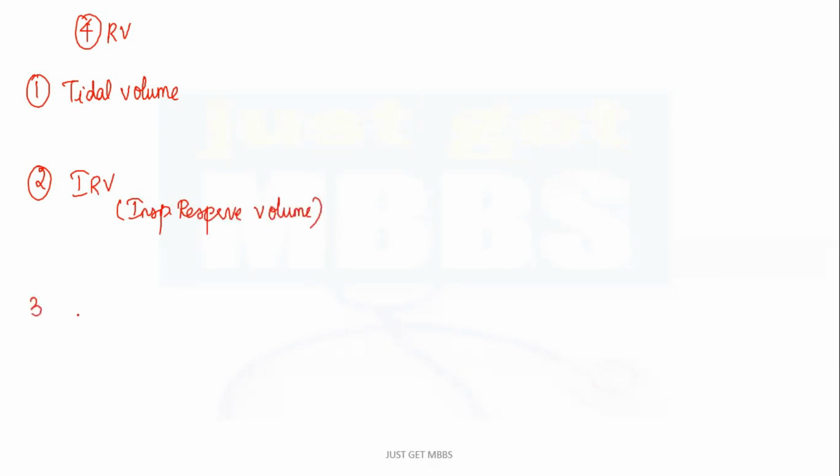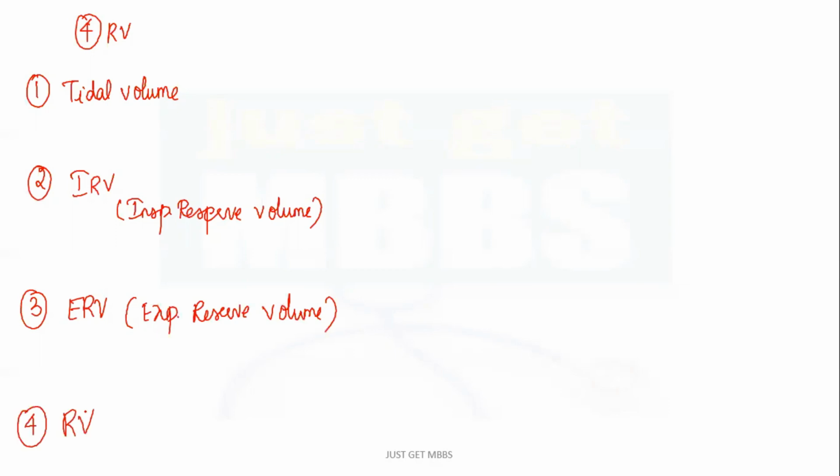The third one is ERV, expiratory reserve volume. The last one is residual volume. So inspiratory reserve volume, expiratory reserve volume, residual volume, and the first one is the tidal volume.